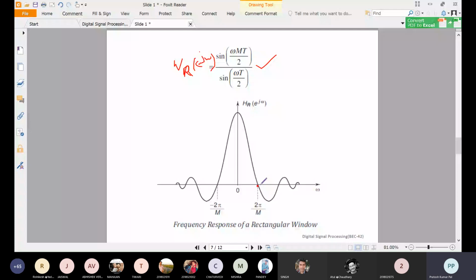The negative side also has 0, and similarly it continues in the negative direction. If this is 2 pi by M, the next will be 4 pi by M, and so on. So this is the frequency response of the rectangular window that we have obtained by using the Fourier series expansion.